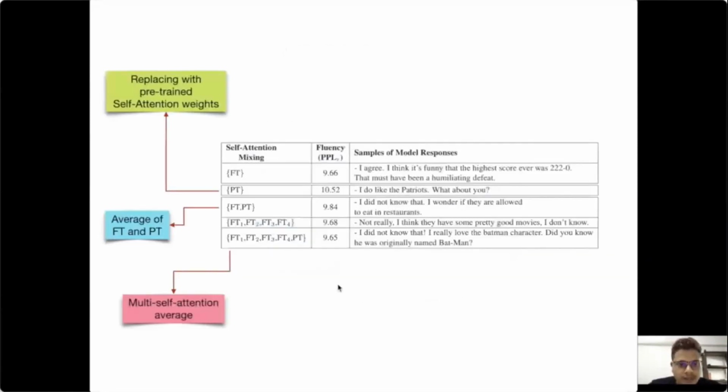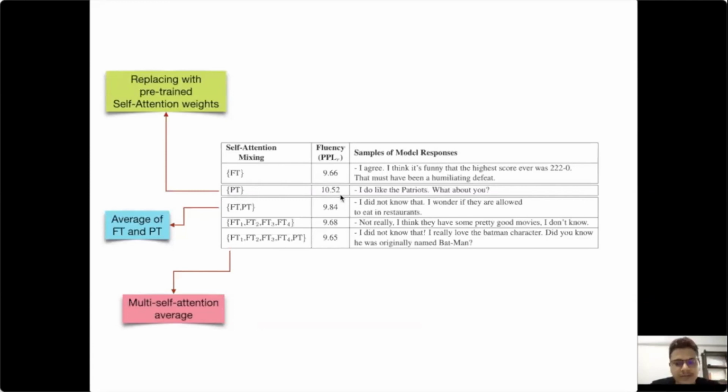So when we do this, this particular row shows the behavior when the self-attention of the response generator fine-tuned on topical chat is fully replaced, or bypassed by using the pre-trained self-attention, the perplexity degradation is not significant.